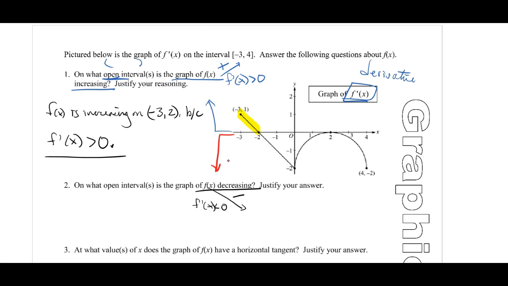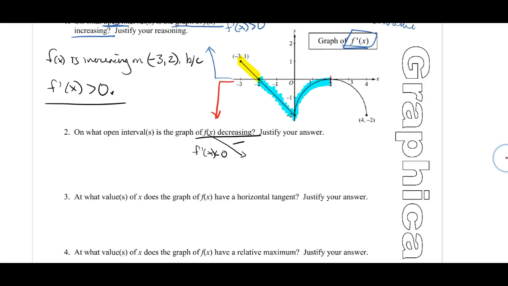Now I do need to watch something here. I start out being below the x-axis starting at -2, and I'm still below the x-axis, and I'm okay. At that moment, I'm no longer below the x-axis, I'm touching the x-axis. So I need to stop my interval right there and go from -2 to 2.